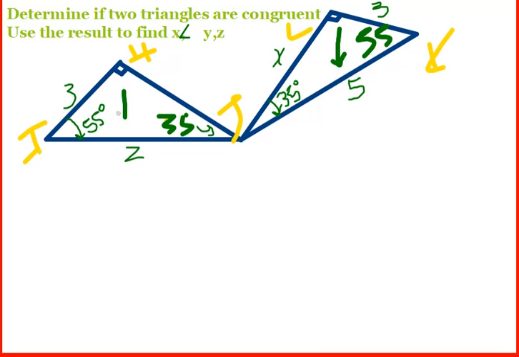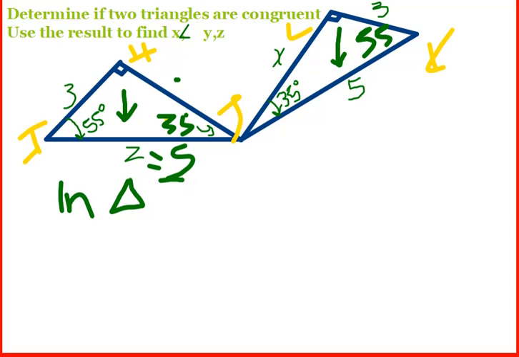That means here our z would also be 5 because they're exactly the same. And if this side is 5 and this side is 3, we need to get that side so that we can get x. We've already gotten y from our previous congruency proof. So we are only left with x, and to get x we use Pythagoras.